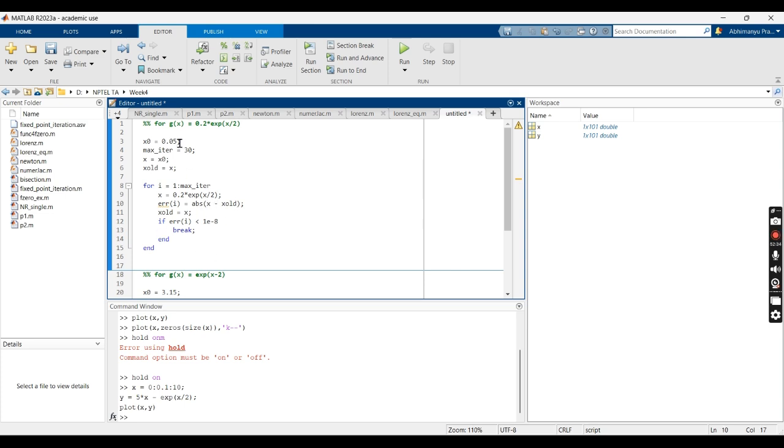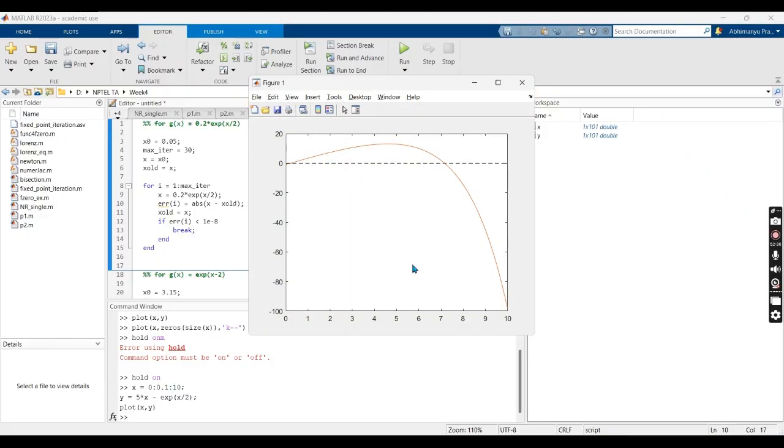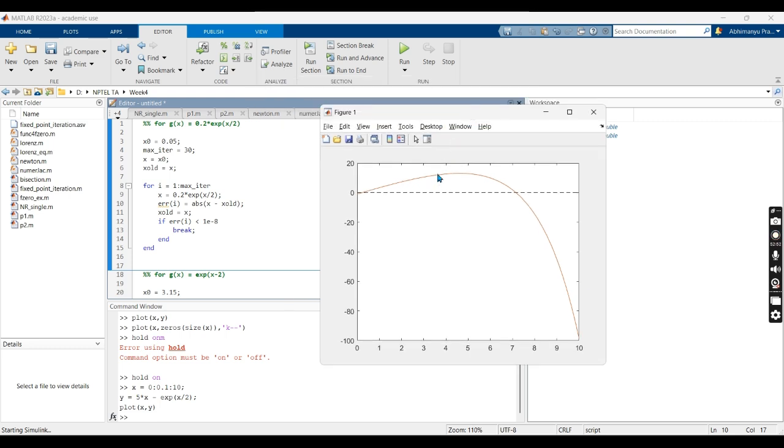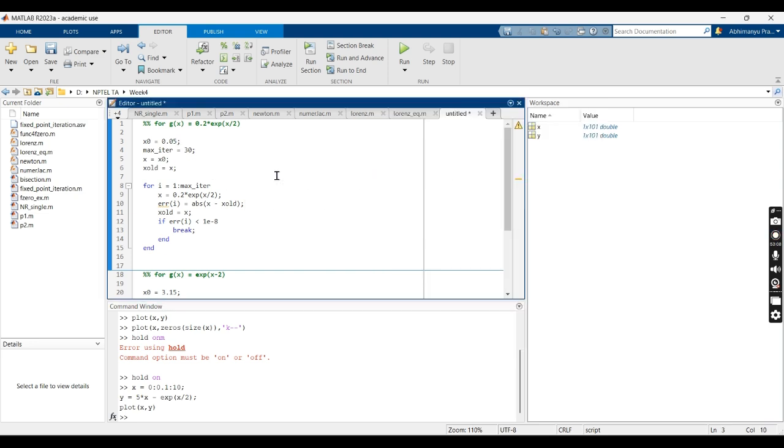And rest of the program remains the same. Okay. So let us initialize with 0.05 only. So we have a root which is close to around 0.2. Yeah, so the value is close to 0.2. So I will just initialize with 0.05 only. I will save this.